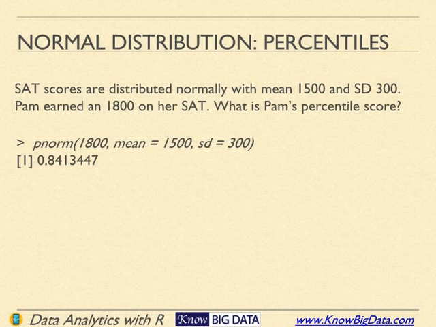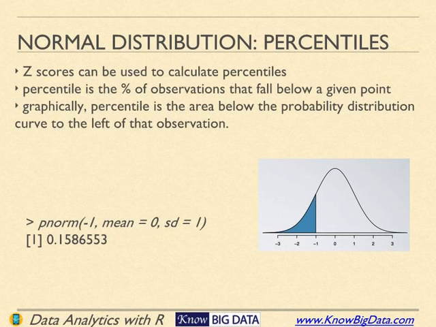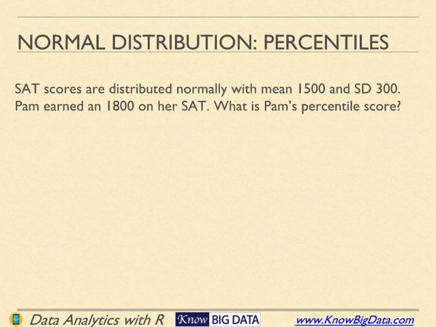So what is 1800 here? 1800 is her marks. The mean is 1500, SD is the standard deviation, and the answer is that she is better than 84% of candidates. If you draw it on the graph, it'll look like here. All this area is covered, so she is here somewhere.